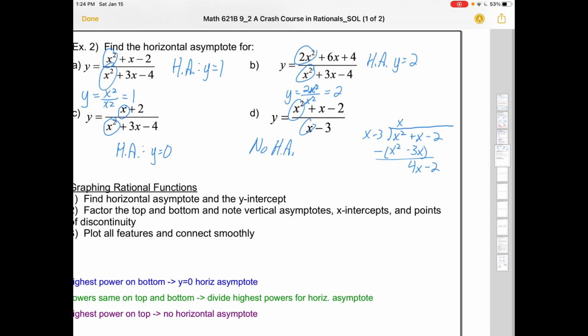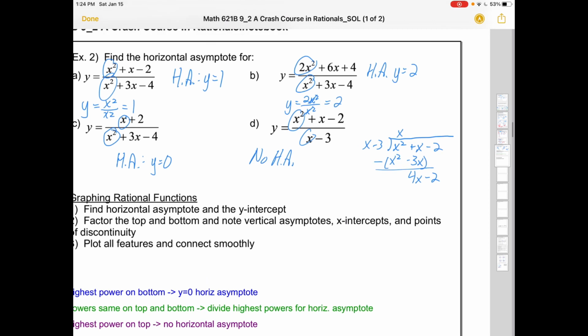And then that's going to give me, when I divide, a positive 4. And then I'll multiply back in. Looks like I'm going to get a remainder of 10. What that means is that this whole function here could be rewritten as x plus 4 plus some leftovers.